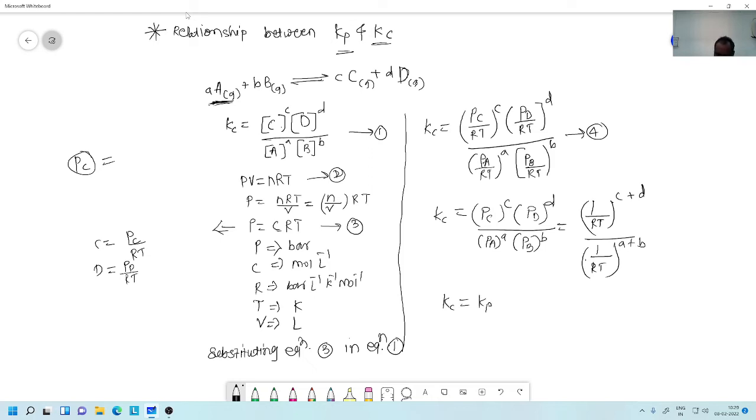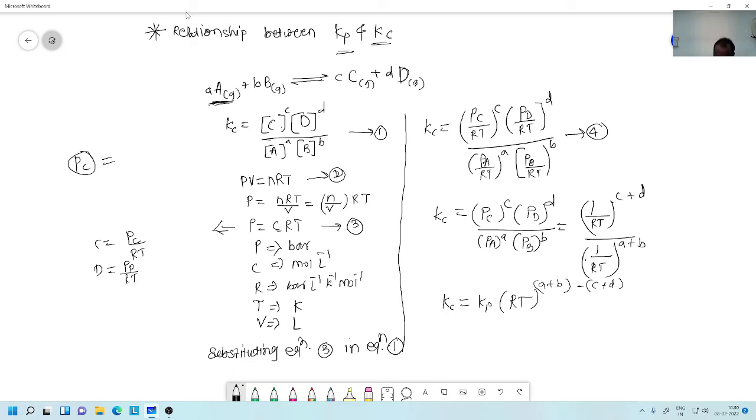Therefore, this equation can be written as Kc is equal to Kp into, if I take this to the upper side, RT raised to a plus b, RT raised to a plus b minus c plus d, because the base value will be the same. Therefore, we add the powers; in this case this will be a negative value and this will be a positive value, since this term is in the divided form, right?